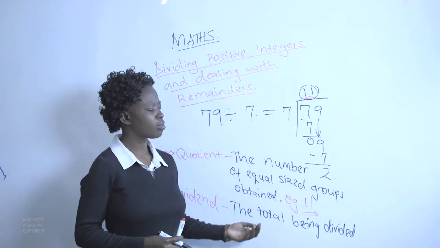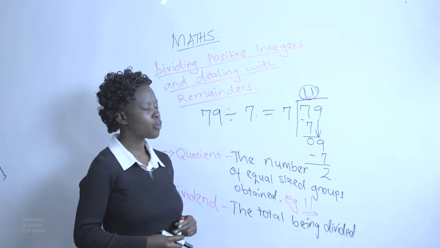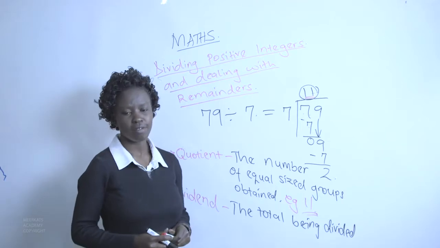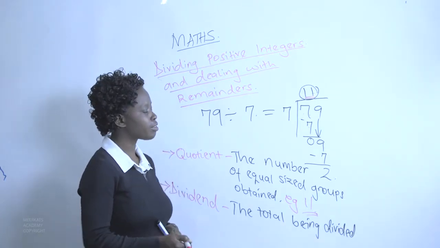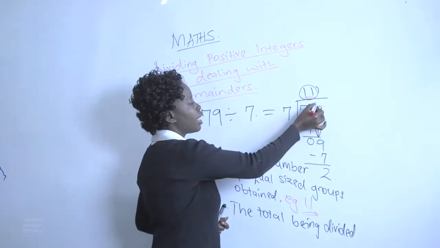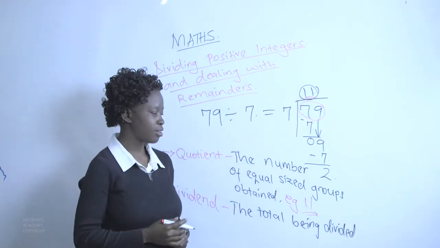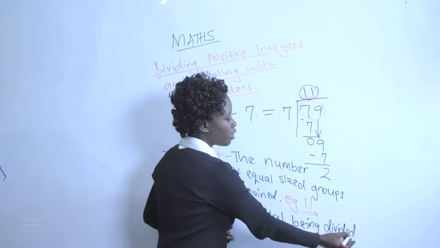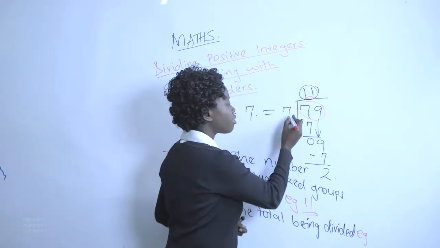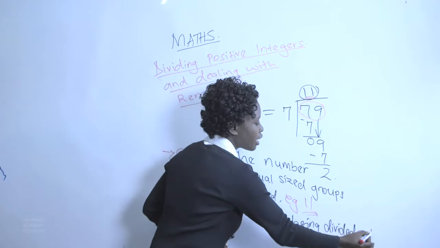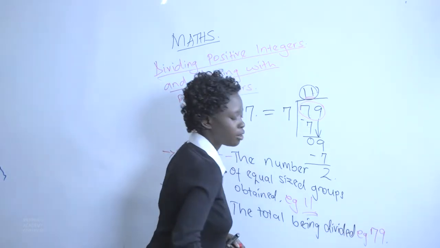So that number that is being divided is whatever we refer to as the dividend. In the example we've been looking at, the number being divided is 79. So in this example, 79 is our dividend.